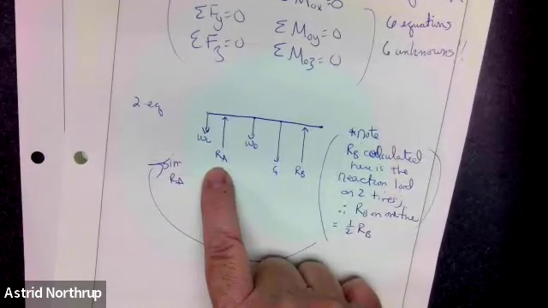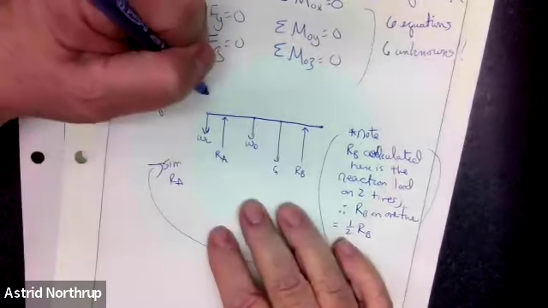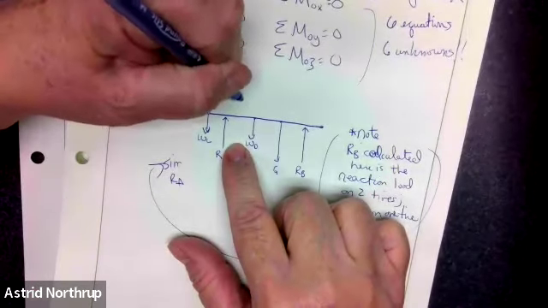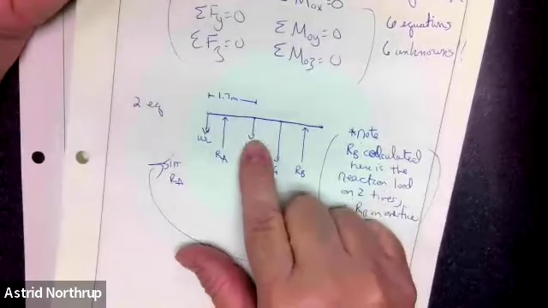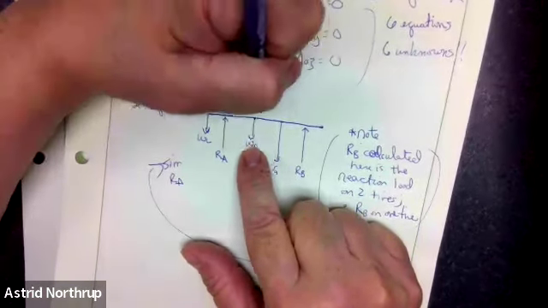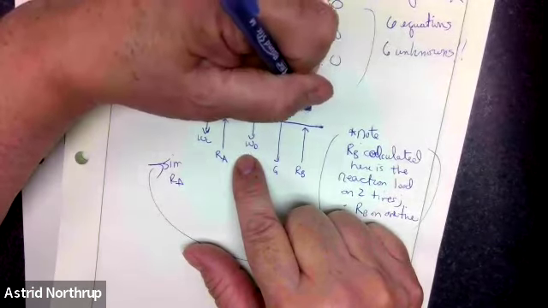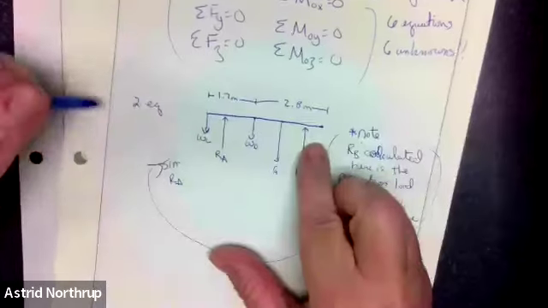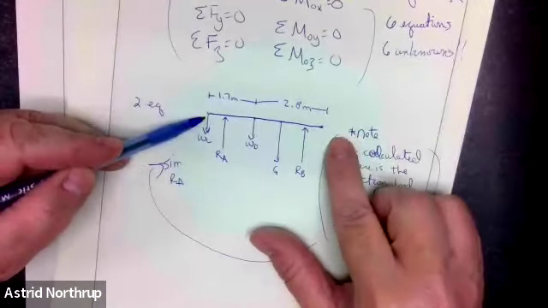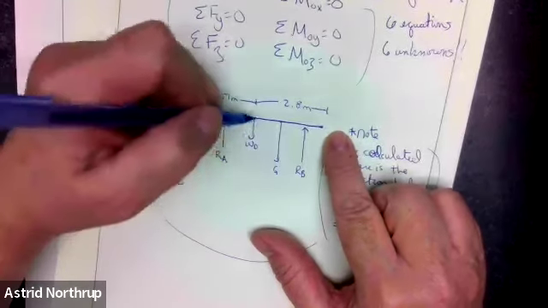All right, so in addition to my weights on my free body diagram, I need to dimension these because I'm going to have to do not only summation of forces, but summation of moments. And I don't only need to know the dimensions of the pickup from the back to the front.